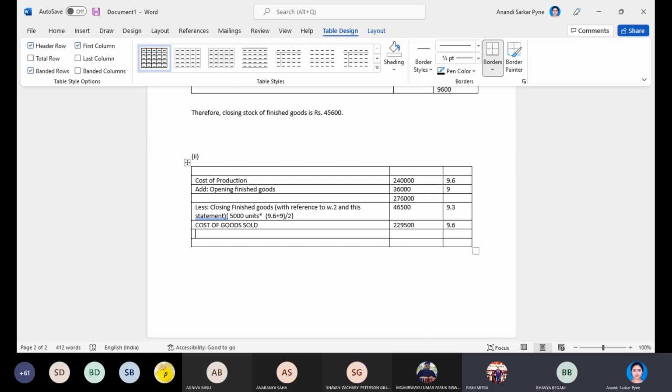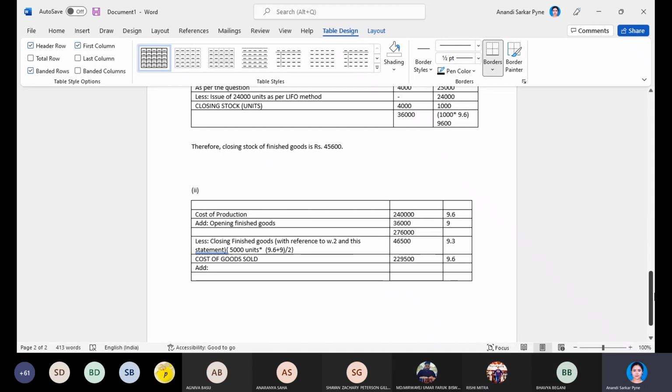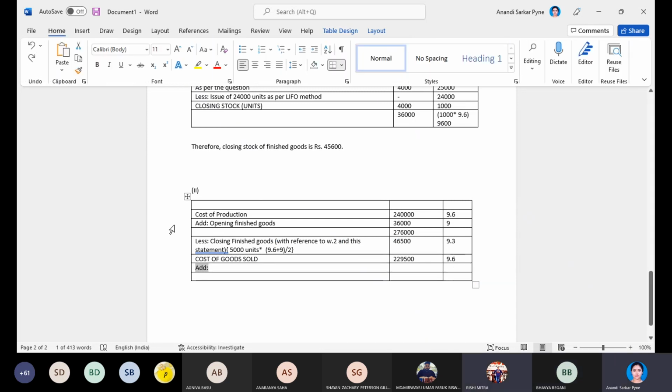So cost of goods sold is this. Add selling and distribution. Now all the things will be the same; you can copy paste from here. Selling and distribution, you are adding 36,000, cost per unit is 1.5.